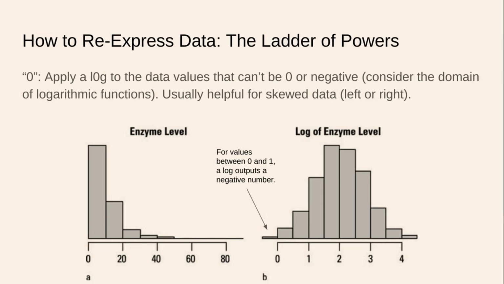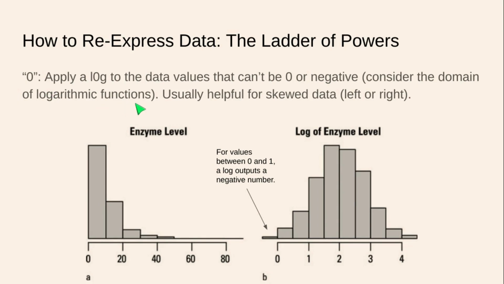Now we're going to look at 0. Apply a log, just as I warned you, I spell it with a 0 instead of an O sometimes. Applying a log to the data values that can't be 0 or negative can be helpful, all right? Let's talk a little algebra here, the domain of the logarithm, all right?